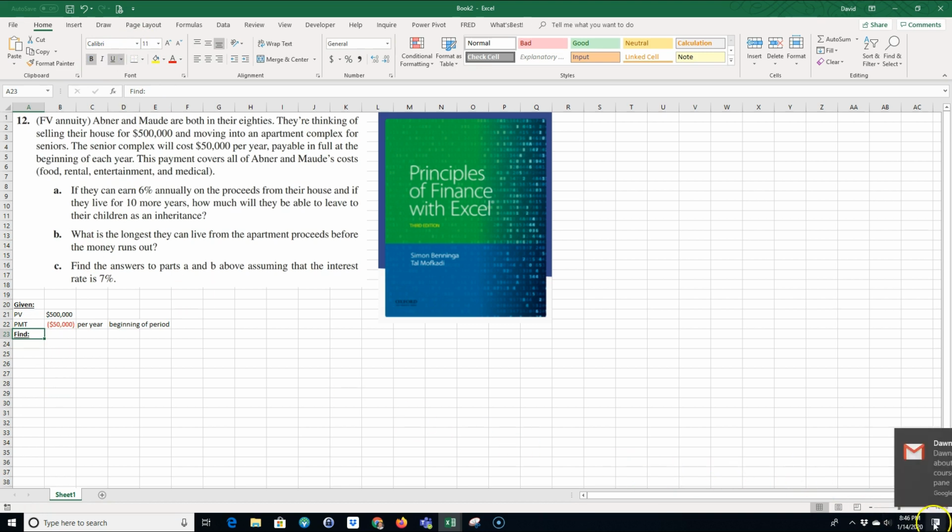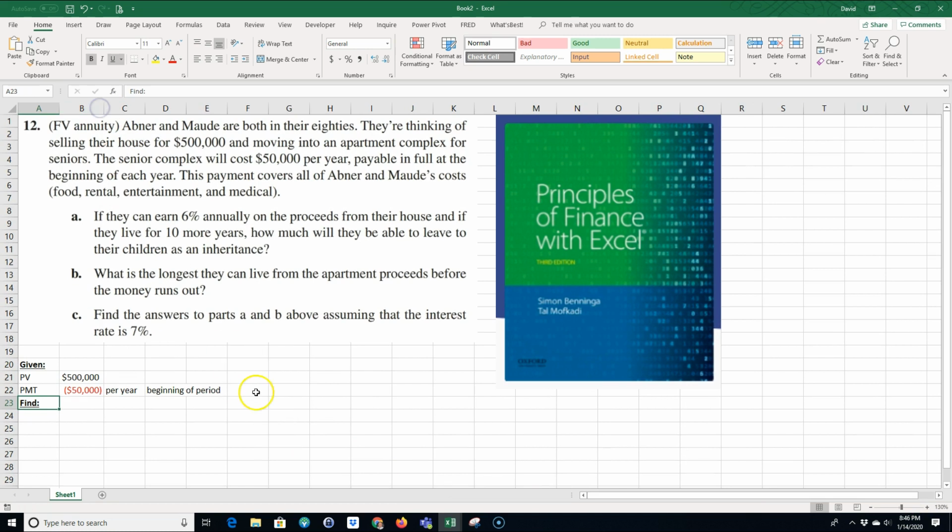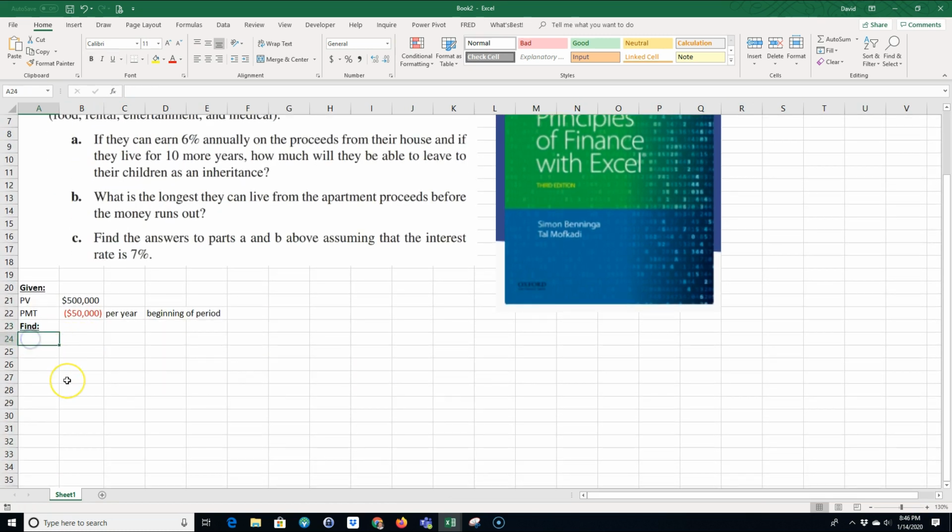Let me zoom in a little bit so you guys can see this. We want to find part A. First, they tell you in A, R, the interest rate, is equal to 6%, so that's how much they can earn on their money per year, and they're estimating they're going to live for 10 years.